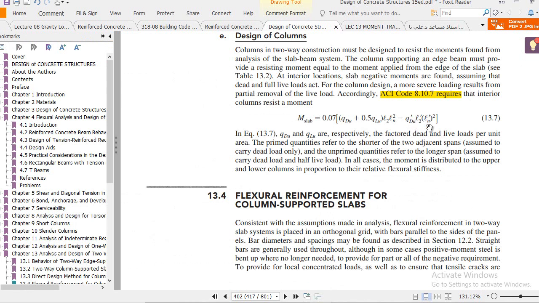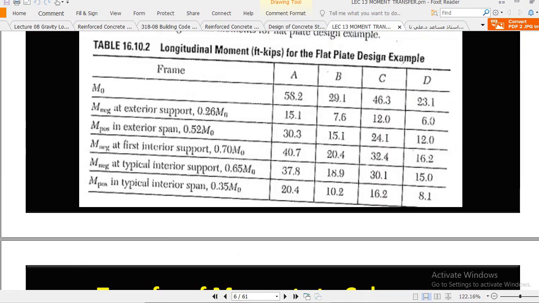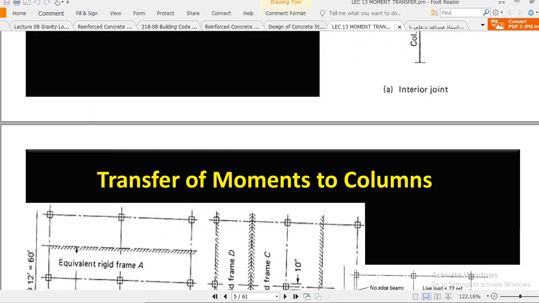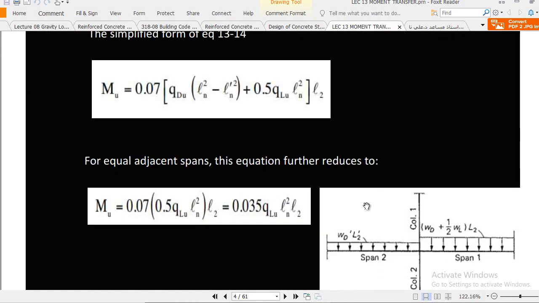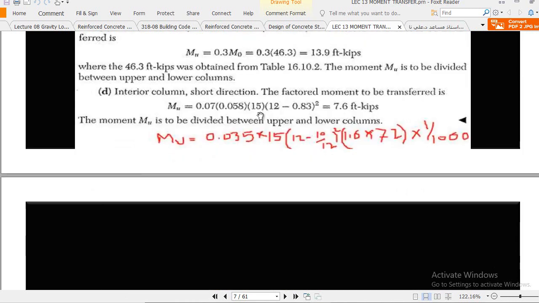L2 is 12, Ln is the same one, because the geometry is the same. Clear? Because the geometry is the same, you can use that short equation as well, and it will also give you the same results.